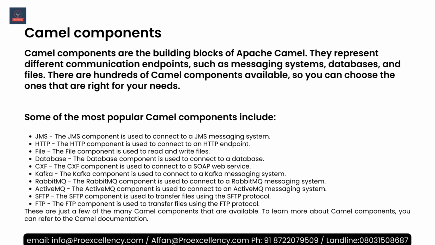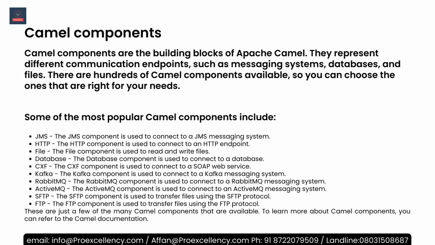CXF. The CXF component is used to connect to a SOAP web service. Kafka. The Kafka component is used to connect to a Kafka messaging system. RabbitMQ. The RabbitMQ component is used to connect to a RabbitMQ messaging system. ActiveMQ. The ActiveMQ component is used to connect to an ActiveMQ messaging system.